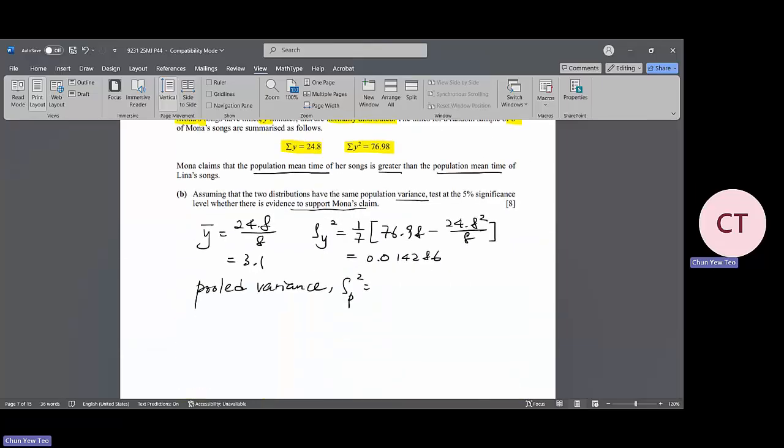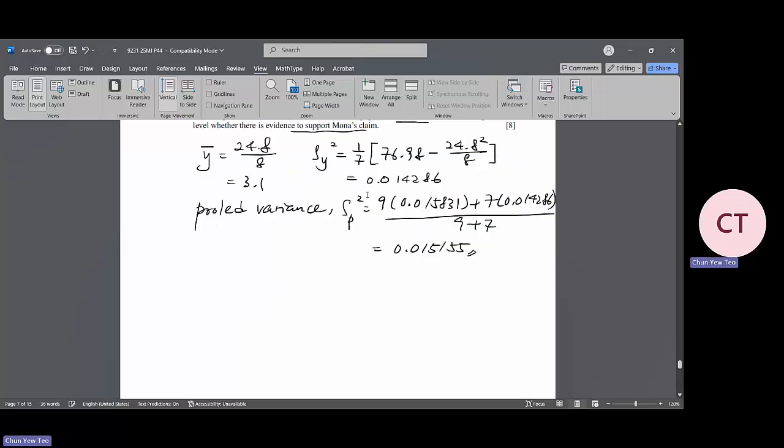So I take 9 multiplied by 0.01583 plus 7 multiplied by 0.014814286, divided by 9 plus 7. Press the calculator, and you get 0.015155. That is the pooled variance.